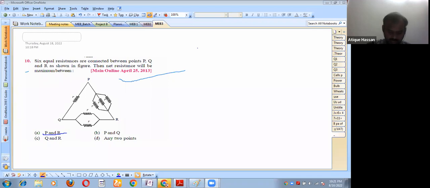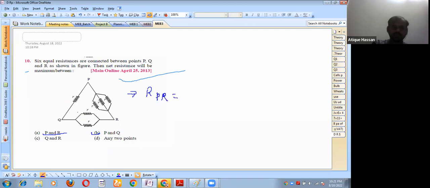Actually, the correct answer is, I think, B. So let us see how B is coming. If you see between P and R, what will be the equivalent resistance between P and R?